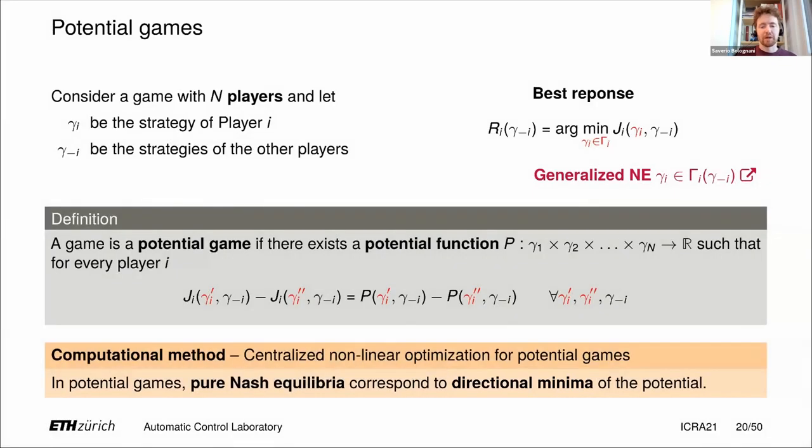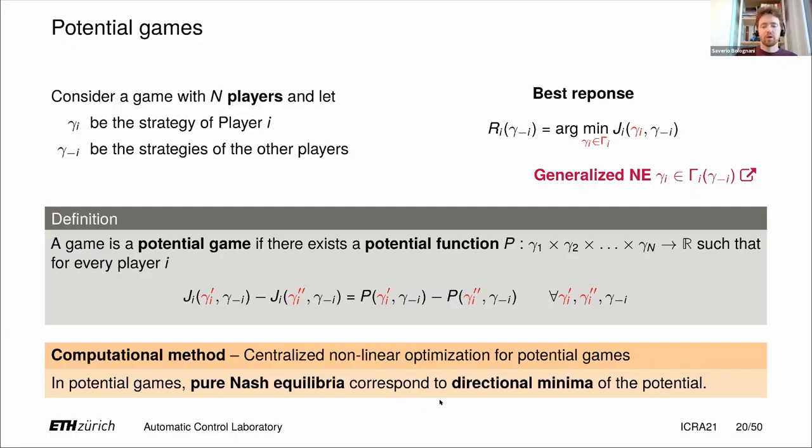So if you know that your game is a potential game, then the problem of finding Nash equilibria, which in general is a complicated problem, becomes a nonlinear optimization problem, for which a large toolbox of methods exists. I'm not saying it's necessarily much simpler, but it's definitely a well understood problem.